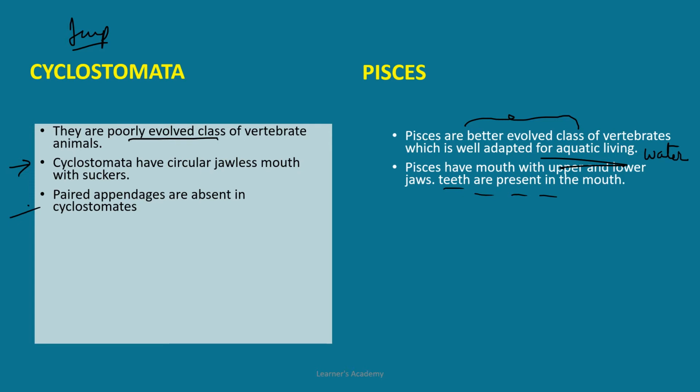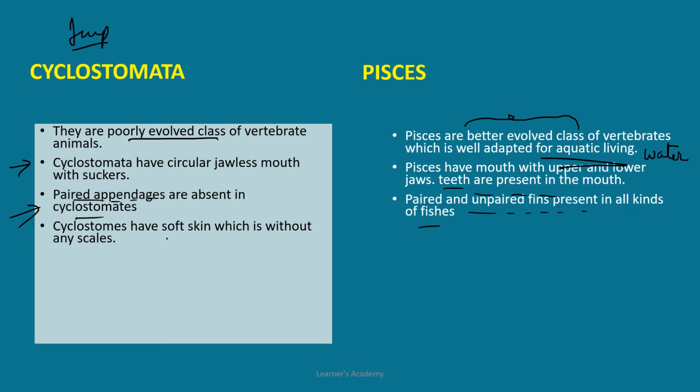In case of Cyclostomata, paired appendages are absent. Paired and unpaired fins are present in all kinds of fishes. Cyclostomata have soft skin without any scales, whereas fishes have different types of scales on the body. You must have observed that.